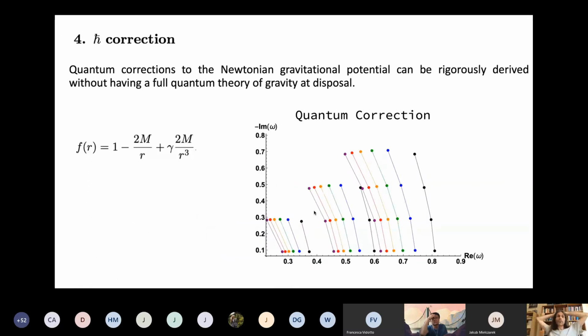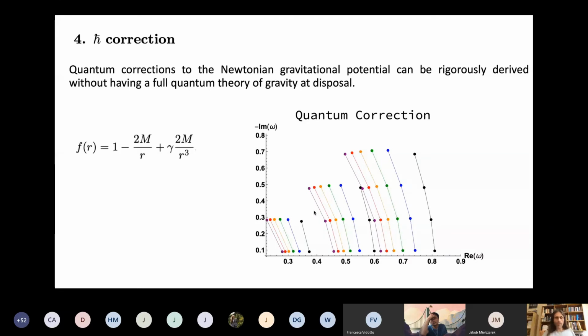One can also focus on so-called generic h-bar corrections. So here, you don't pick a specific quantum theory of gravitation, but you just calculate loop corrections to the Newtonian gravitational potential.